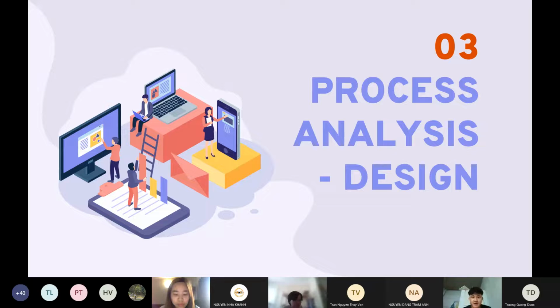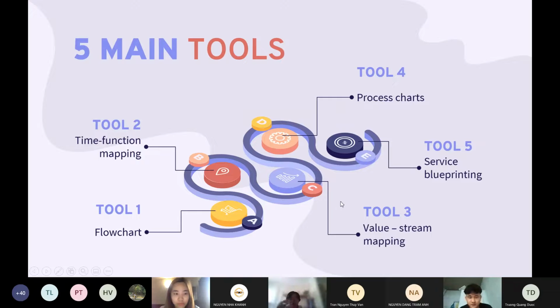Let's look at five of them. They are the flowchart, time function mapping, value stream mapping, process charts, and the last is service blueprinting.